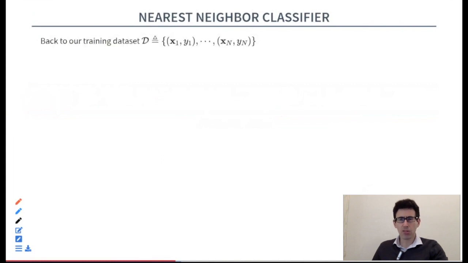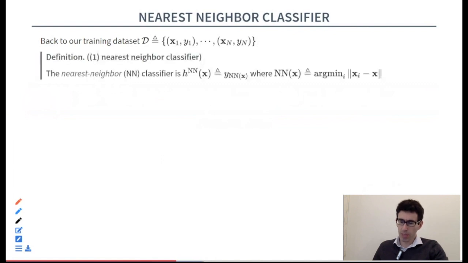We're going to go back to the notation I had used in the first few lectures, where I don't use capital letters to denote my feature vectors, because even though they're random variables, I don't want to carry the burden of capital letters everywhere. So this is the notation for my data set, lowercase x for my feature vectors, lowercase y for my labels. And we're going to define the one nearest neighbor, or to make things shorter, the nearest neighbor classifier, as follows.